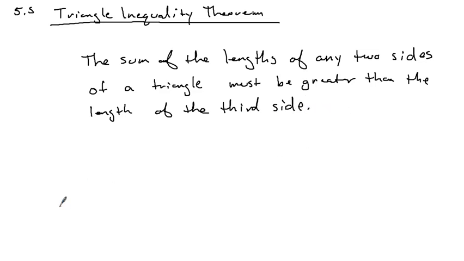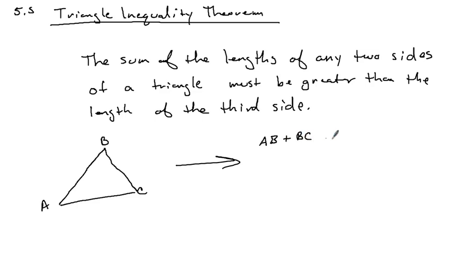All right, so visually, here's our triangle A, B, C. And what the triangle inequality theorem says is that the sum of the lengths of any two sides, so AB plus BC, has to be greater than the length of the third side.